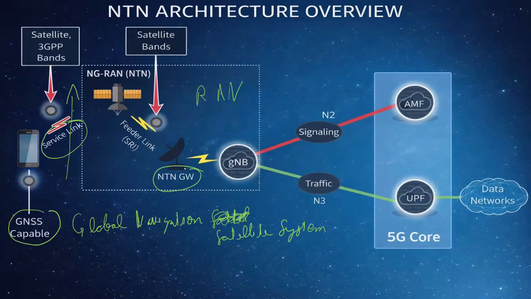The satellite connects to the gateway using a feeder link, also called SRI, satellite radio interface. The link operates on different frequency bands compared to the service link. At the ground station, we have the NTN gateway and the gNode B. The gNode B performs radio access network functions similar to terrestrial 5G. This is where satellite-based communication integrates with the standard 5G network.